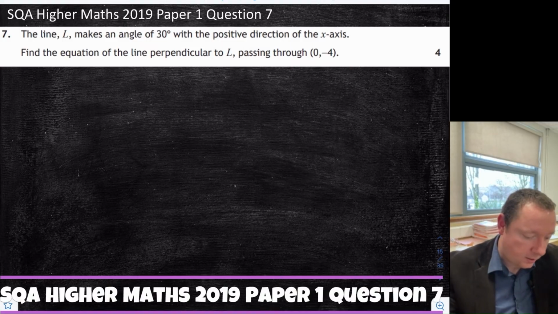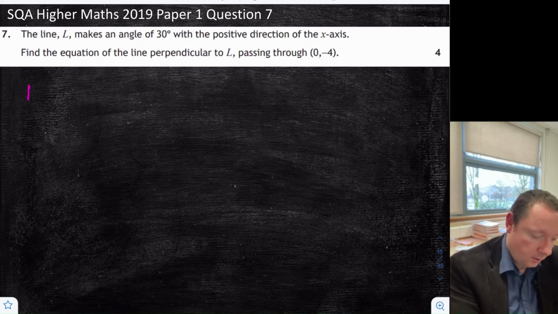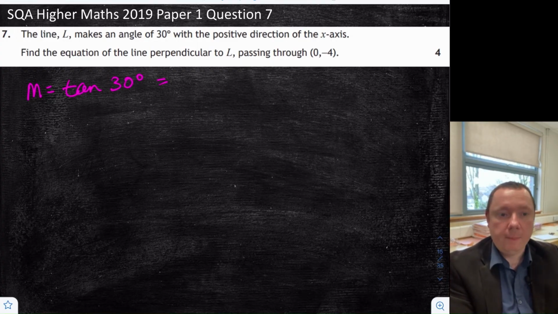The line L makes a 30 degree angle with the positive direction of the x-axis. Find the equation of a line perpendicular passing through (0, minus 4). Gradient equals tan of 30, which is equal to 1 over root 3.